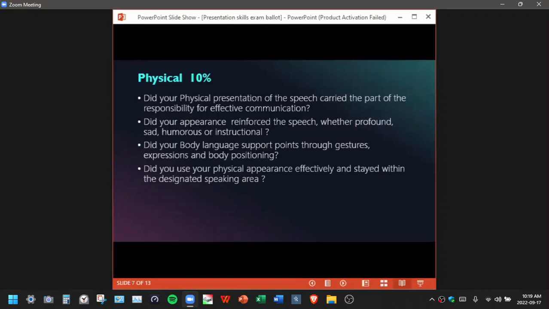This is mainly about your body language, your gestures, and your positioning on the stage. Whether you have effective hand gestures, facial expressions, eye contact.